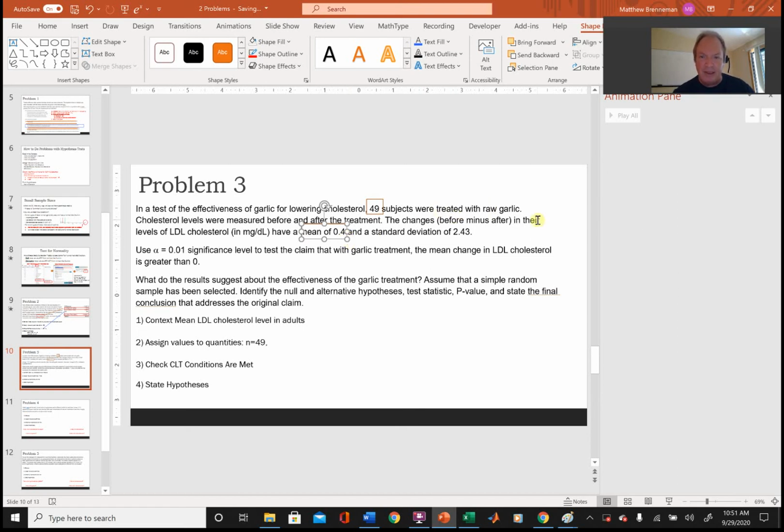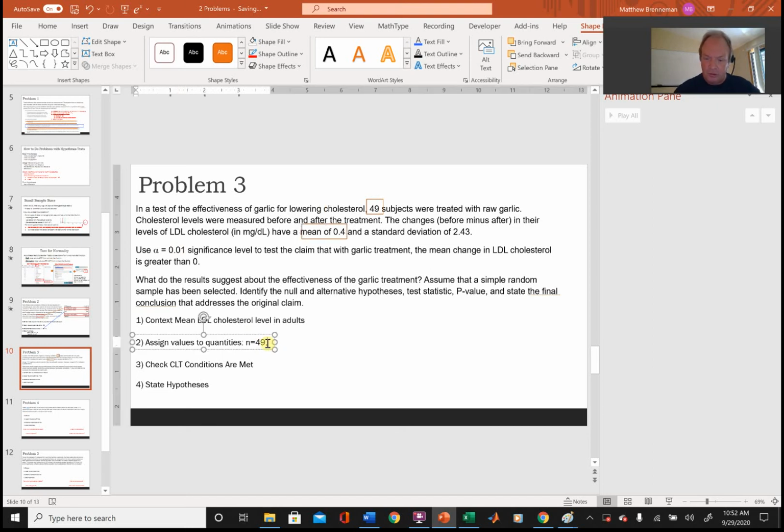It's the mean in the changes in their levels. Who does their refer to? The people in our sample, right? So here we know that x bar, our sample mean, is equal to 0.4. And again, the standard deviation comes from the sample also. So s, which is our sample standard deviation, is 2.43.